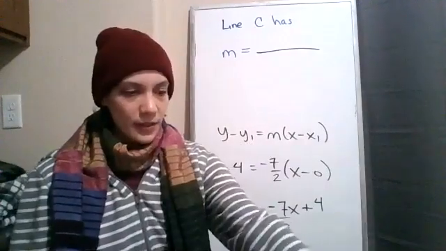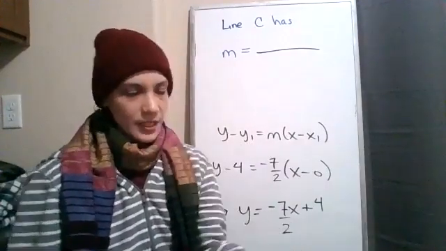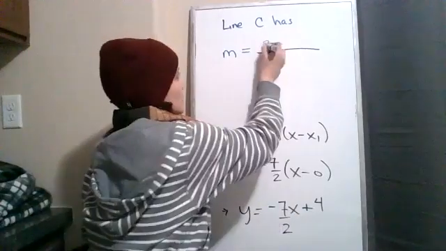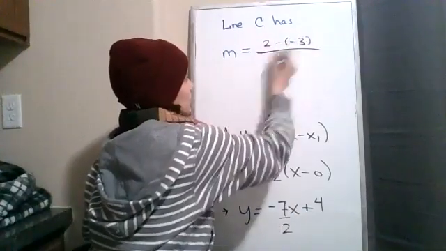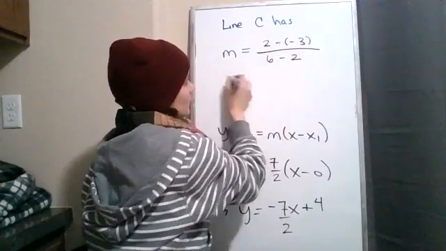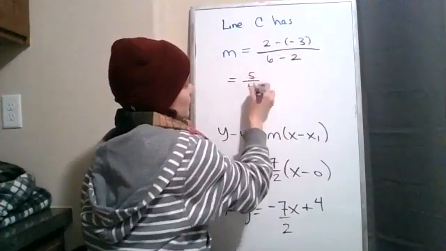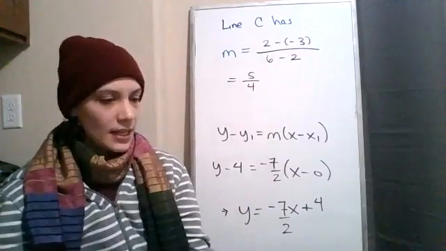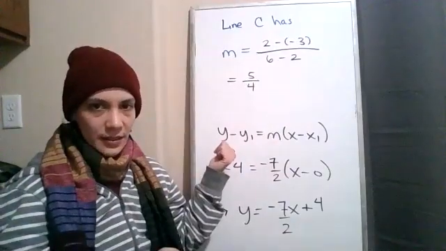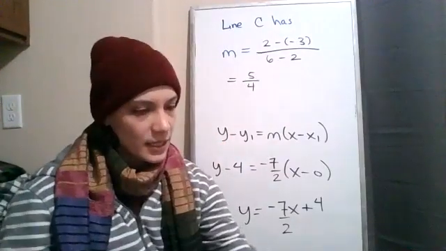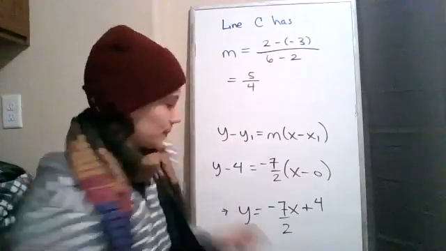Last one, slope of 2 minus negative 3 over 6 minus 2. And then I put everything into this formula again with the point (6, 2).